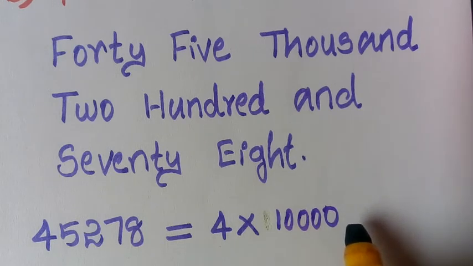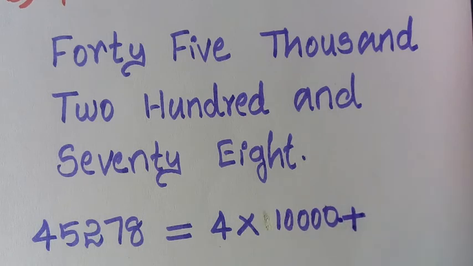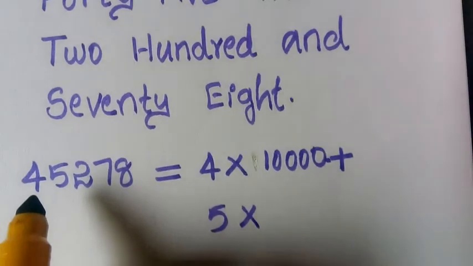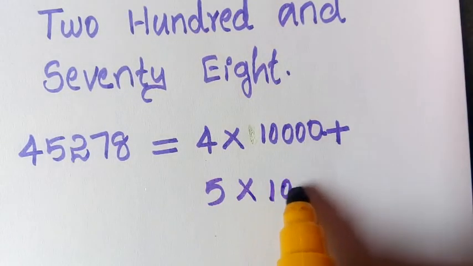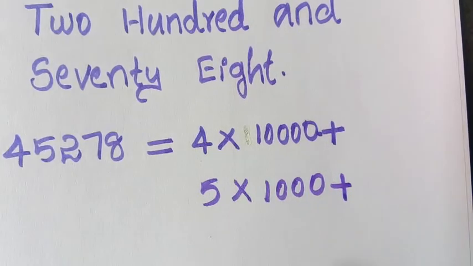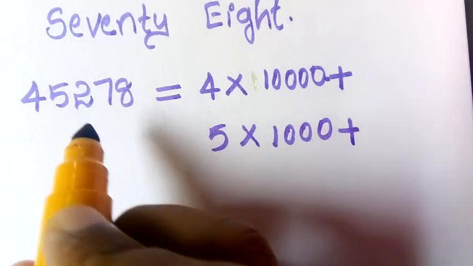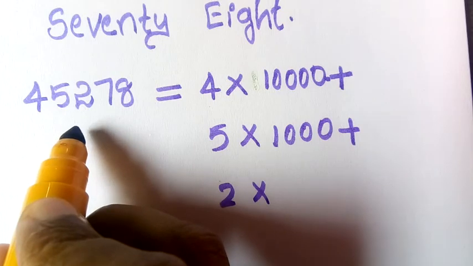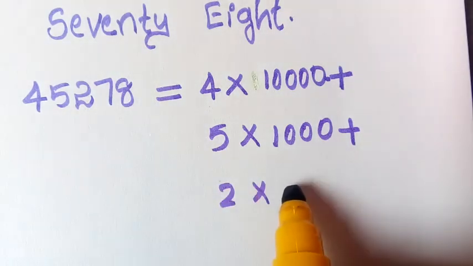Then which sign we need to put? Yes, we need to put plus sign. Then the next digit is 5 into place value of 5. Place value of 5 is 1000. Then you need to put the plus sign again. Then the next digit, 2 into place value of 2. 2 is in hundreds place.